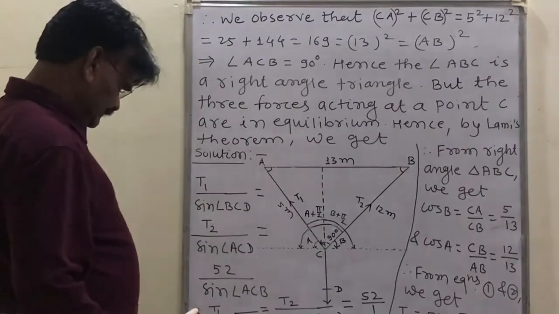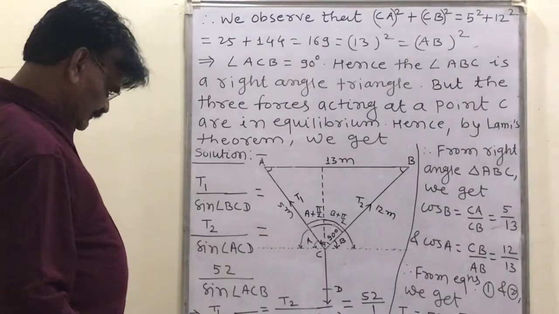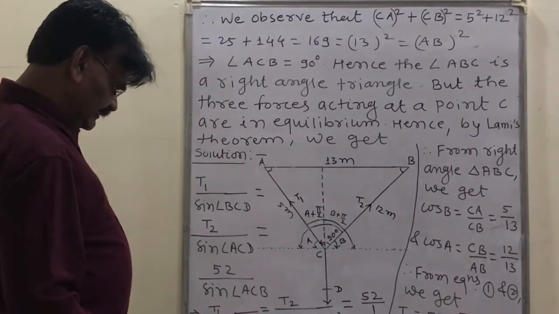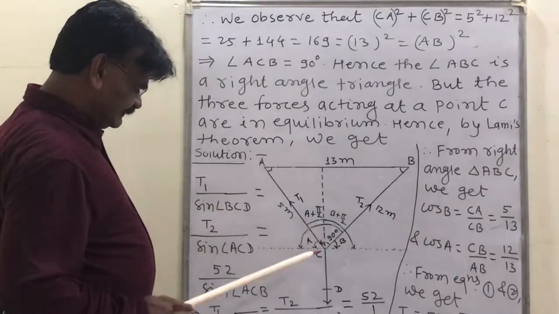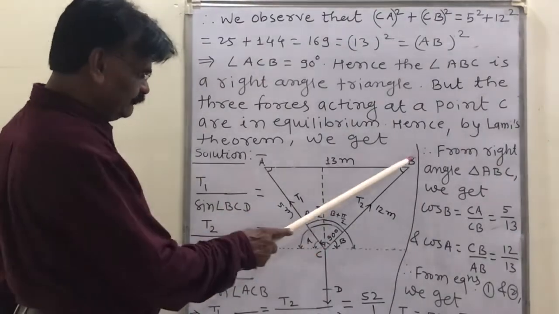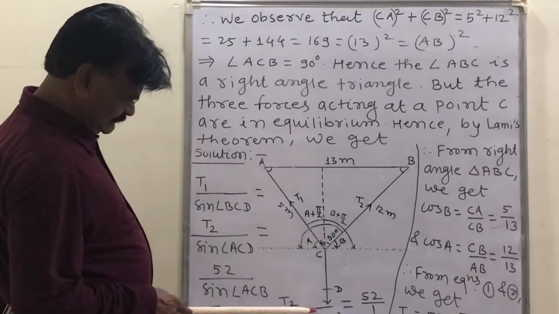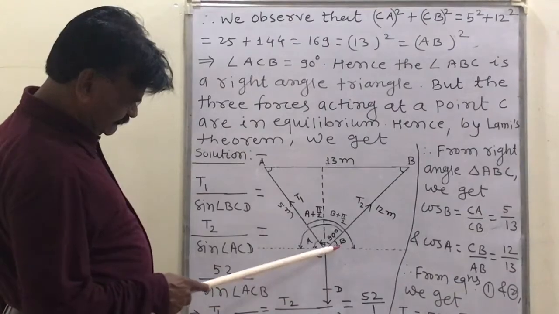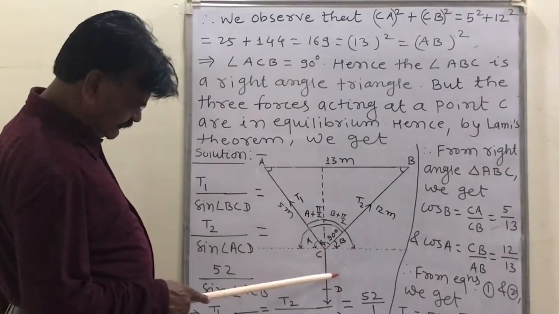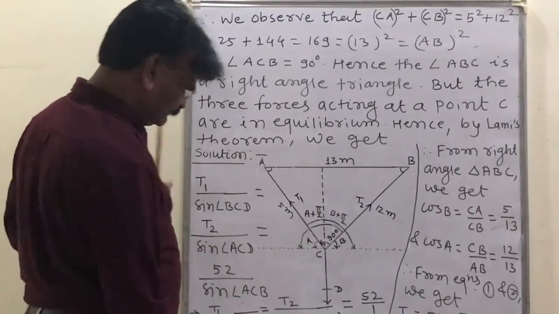So this implies T1 upon sine 90 degree plus B. How? Sine BCD. This angle B and this angle is of 90 degree.